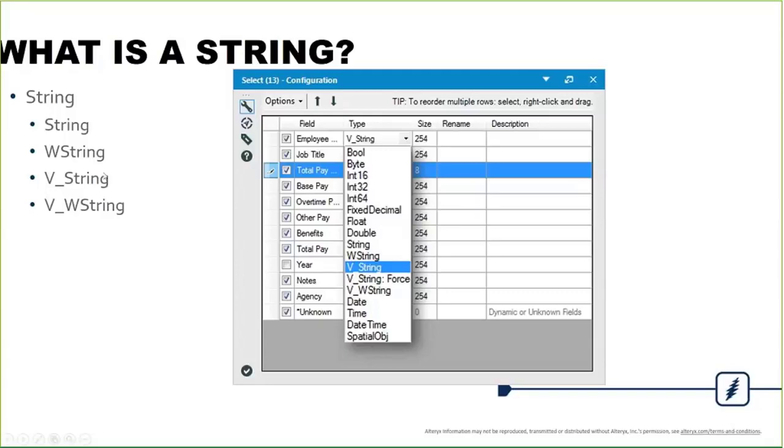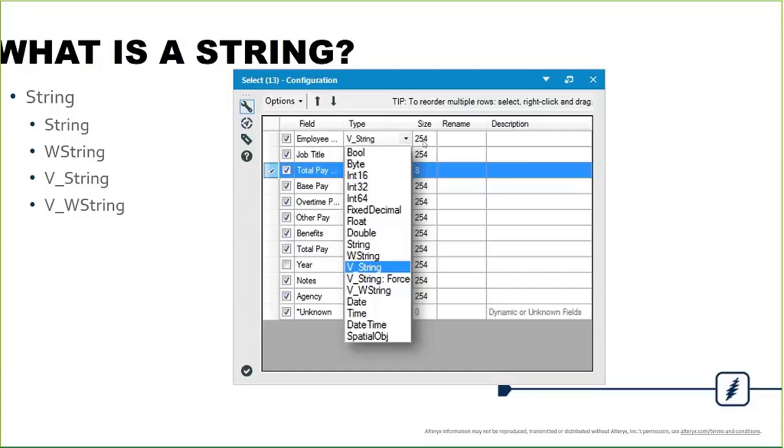So that's all strings are, and for most people, these strings mean different things. The two most basic ones for any English speaker are string and v-string. String stands for a fixed string, and v is for variable string. When I choose a v-string 254, variable takes length into effect.